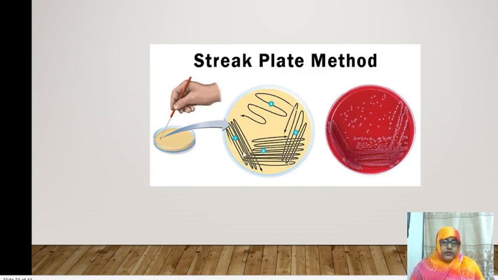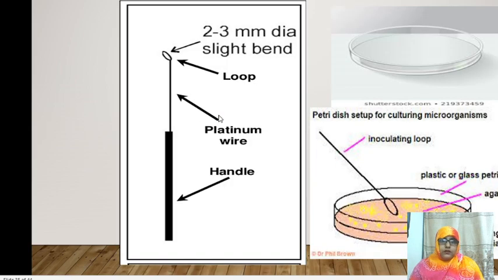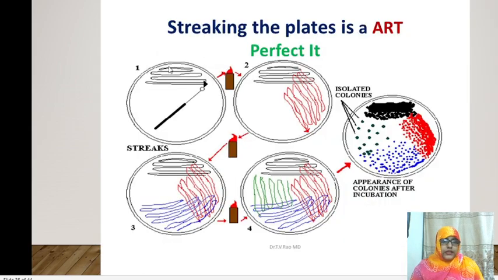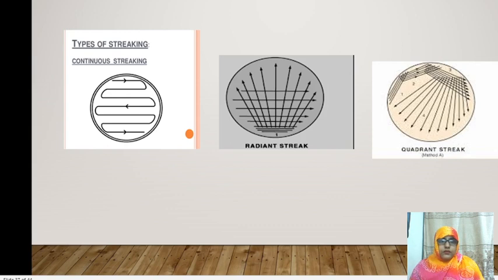We draw different irregular lines. You can see here like 4 different types of colony morphologies distinguished by using this method. These are different types of streaking patterns.